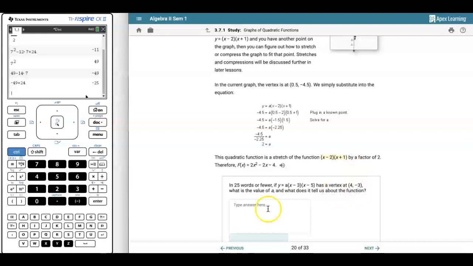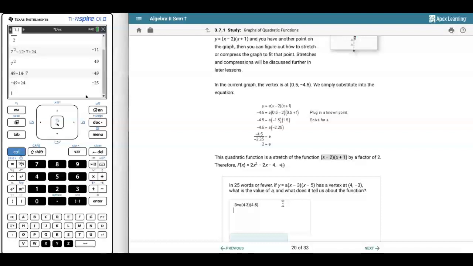For the other ones, you could do the exact same thing. If you have something with x minus 3 and x minus 5, and it has a vertex at (4, -3), you would plug in those values. So -3 is equal to a times (4 minus 3) times (4 minus 5).